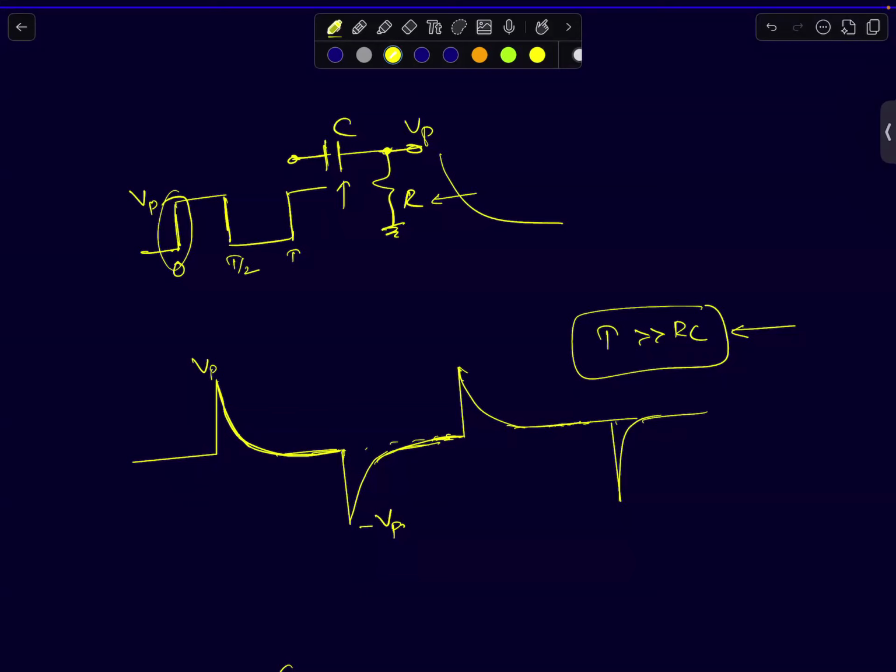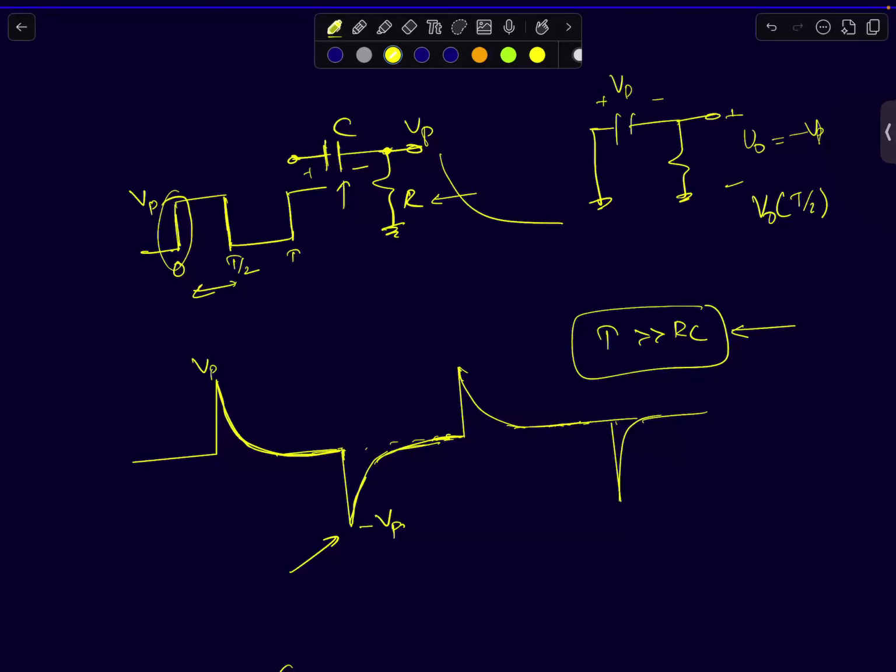What's actually happening is your capacitor is getting charged to V peak. It will discharge like this, and when you apply 0, the output voltage will be at minus V peak. Why is that? Your capacitor is by now charged to V peak at the end of half a clock cycle, and when you make the input go to 0, the voltage at this output will become minus V peak at T by 2.